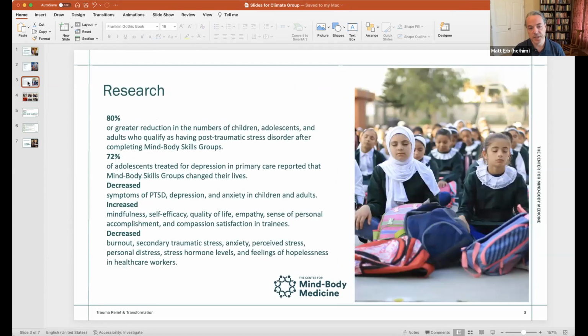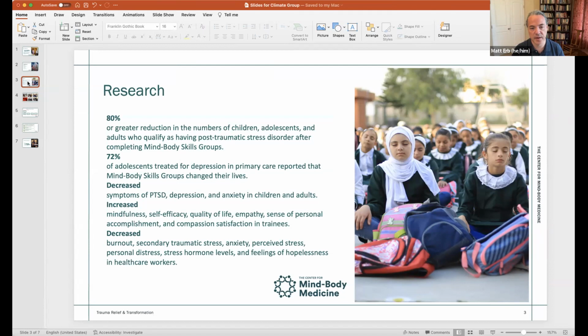Our research continues to grow. We have active research underway, but of the studies that have been done on our model, many of the randomized controlled trials have been overseas, so they are subject to cultural factors. But in Gaza and Kosovo, for example, we've seen an 80% or greater reduction in the number of children, adolescents, and adults who qualified as having PTSD after completing the mind-body skills group. 72% of adolescents treated for depression in primary care reported that the groups changed their lives.